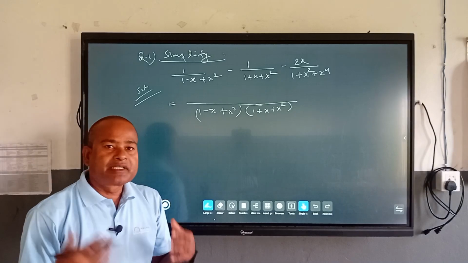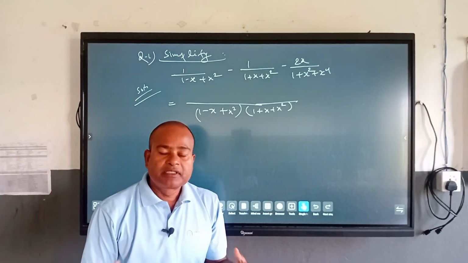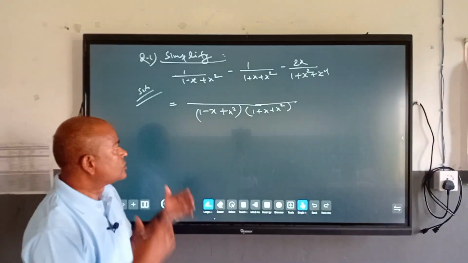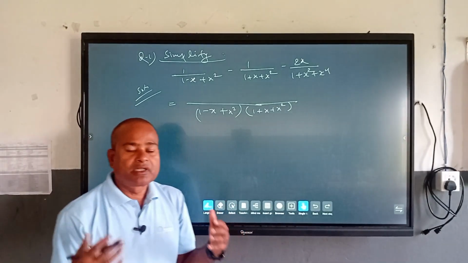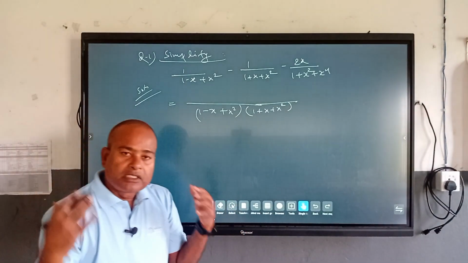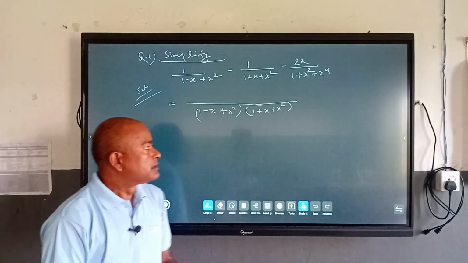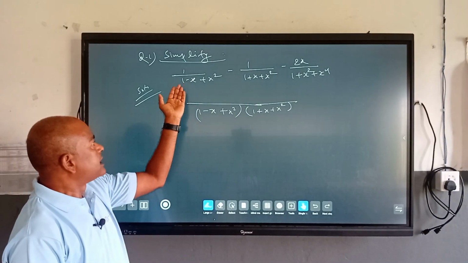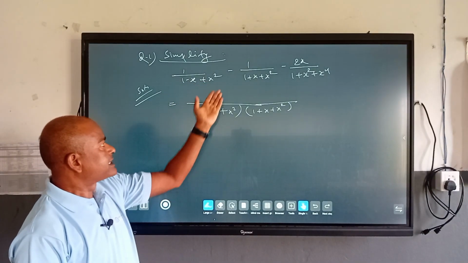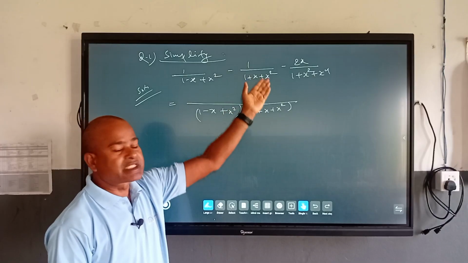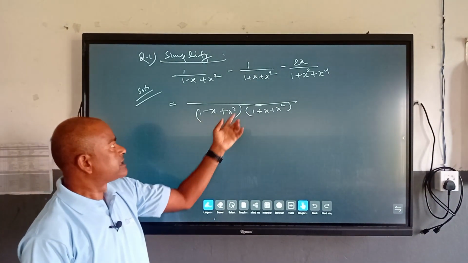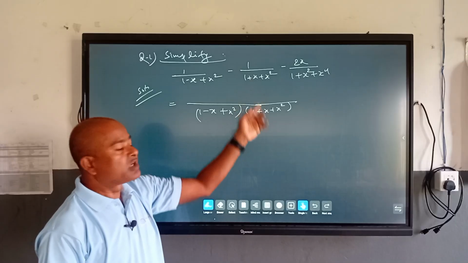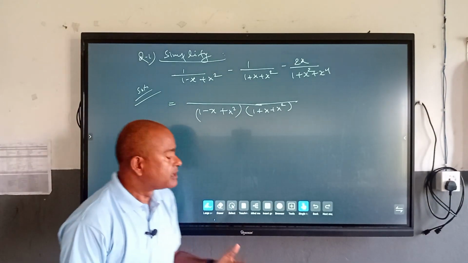We know that LCM is equal to common factor times remaining factor. So the LCM of 1 minus x plus x square and 1 plus x square is (1 minus x plus x square) times (1 plus x square).